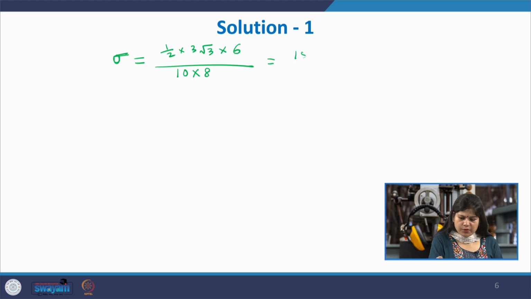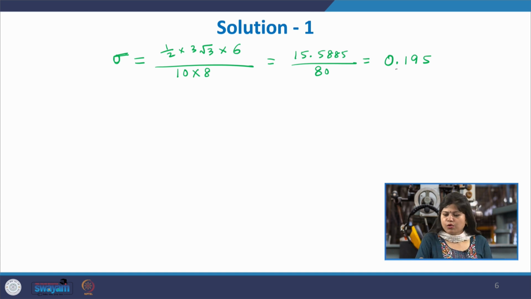This will give you 15.5885, something like that, divided by 80. Ultimately, you will get the porosity of 0.195. So, that becomes your answer. Almost 19.5% of the area of the panel is being occupied by perforations.